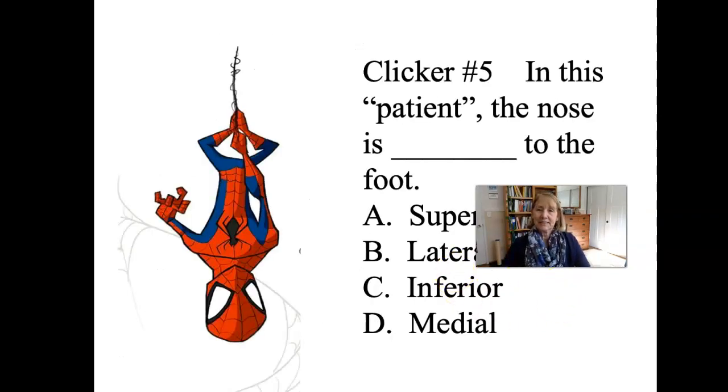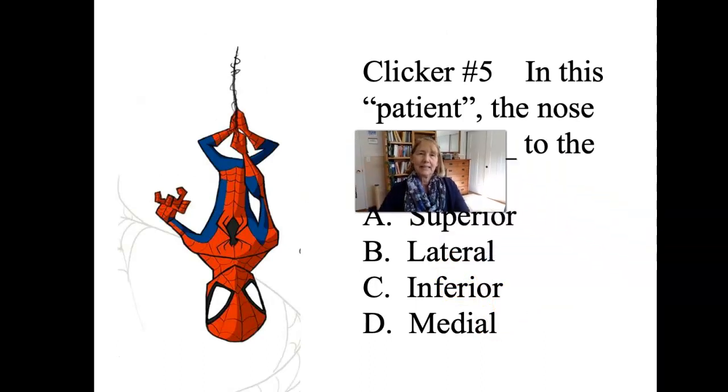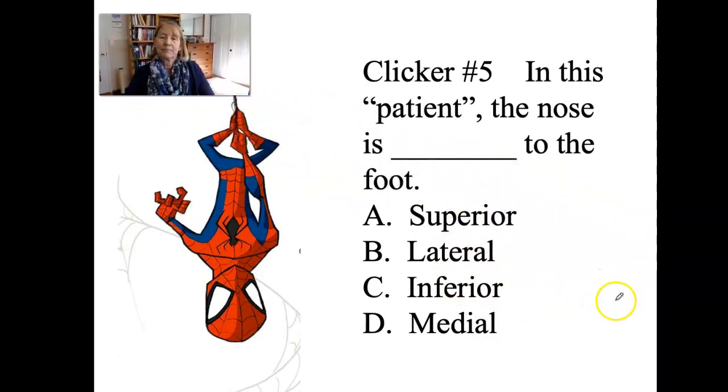Well, I like this one. Spider-Man. So here's Spider-Man. He's the patient. And in this patient, the nose is what to the foot? This is definitely a trick question. And the answer is, in this patient, the nose is superior to the foot.